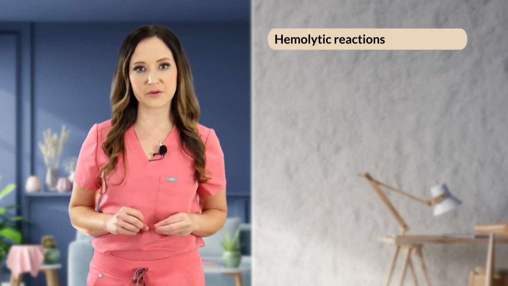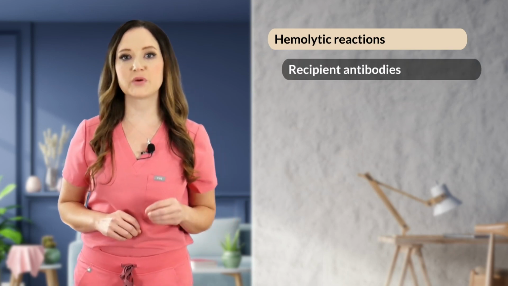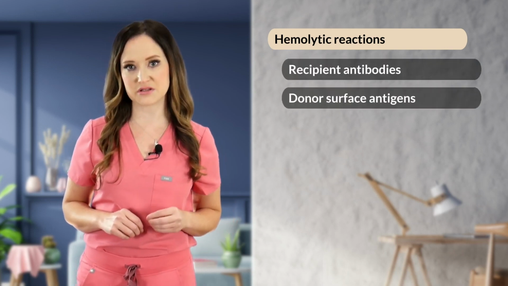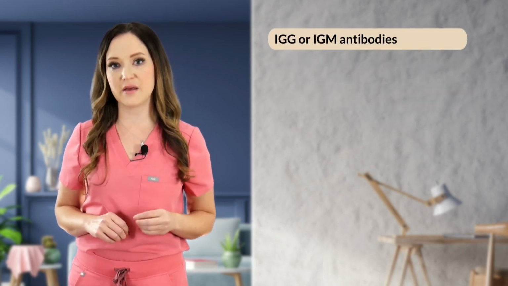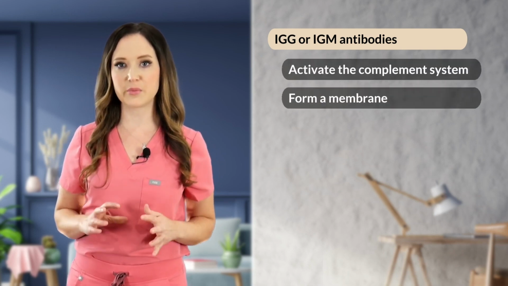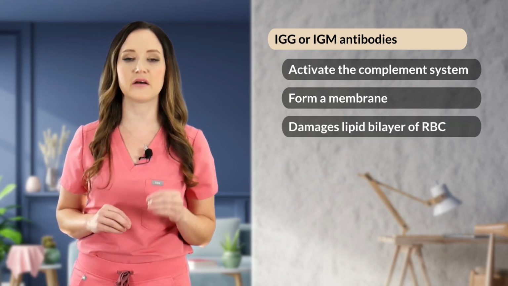Other immunologic reactions include acute hemolytic reactions or delayed hemolytic reactions. This happens when antibodies in the patient react with red blood cell surface antigens of the donor. These can be IgG or IgM antibodies that activate the complement system and form a membrane attack complex that causes damage to the lipid bilayer of the red blood cell membrane.